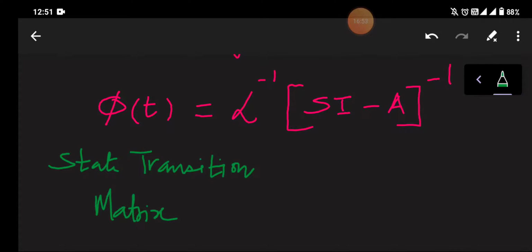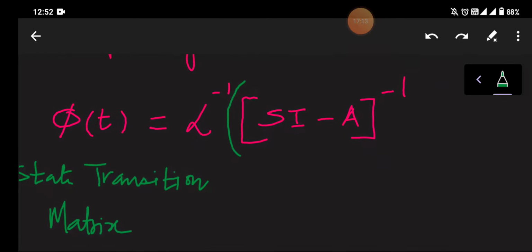Okay, so in this way today we have determined the state transition matrix, which is identified as Laplace inverse of sI minus A inverse. Okay, so we will apply Laplace on this part. So whenever the problem is given, first of all we will solve for sI minus A.